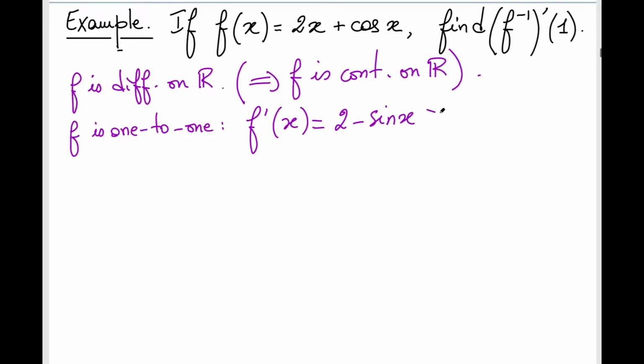This is always bigger than or equal to 1. Do you agree with me? Because sine of x, the best it gets is at 1. So 2 minus something that gets at most to 1 is something that gets at least to 1. And this is a positive number for all real numbers x.